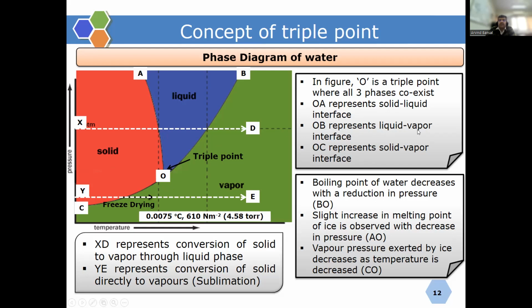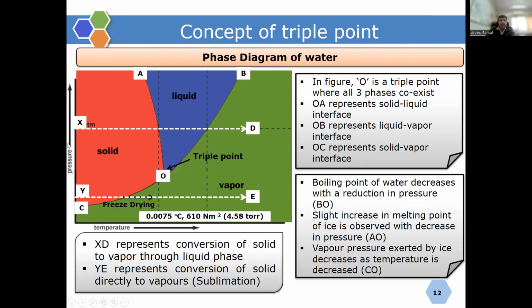OB represents the liquid vapor interface. So this is the OB curve, and OC represents the solid vapor interface. So this is OC. The boiling point of water decreases with a reduction in pressure, as is evident in the curve BO.